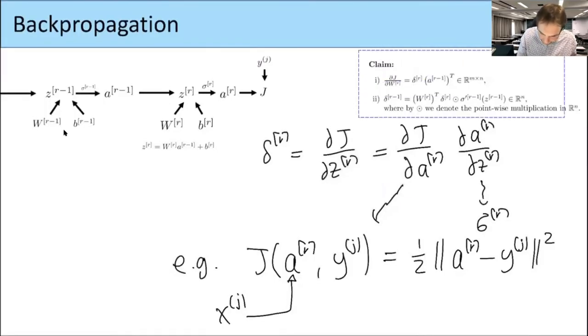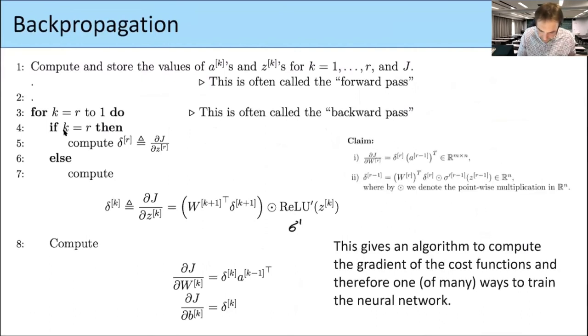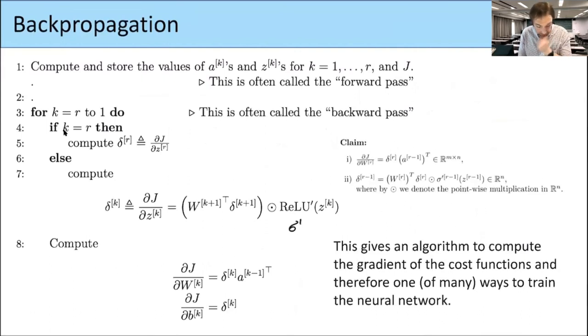Okay, and so then let's copy this claim here and compare this with the slide I showed last time. This is exactly now what this algorithm here does. It starts by computing this delta R, which is the derivative of the cost function with respect to ZR, if we are in the first step, so at the R-th layer. And then the derivative with respect to our weight matrix is exactly this here.